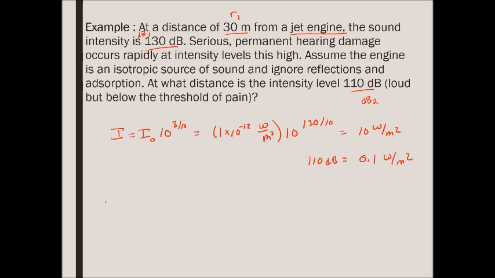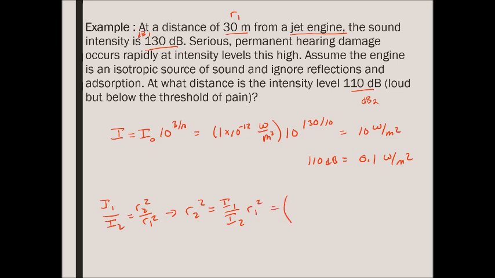So now I can do some math. I1 over I2 is equal to R2 squared over R1 squared. And so R2 squared is equal to I1 over I2 times R1 squared.